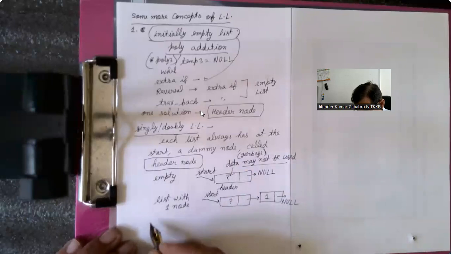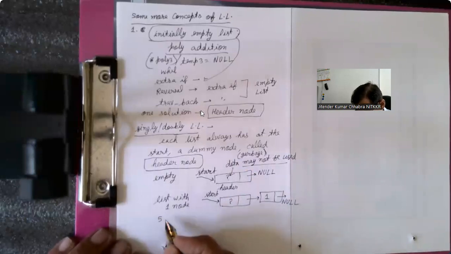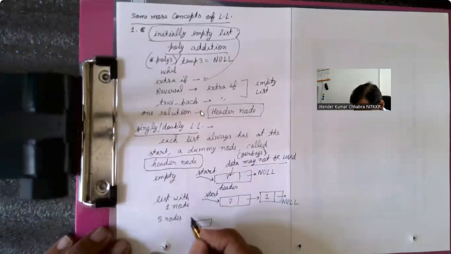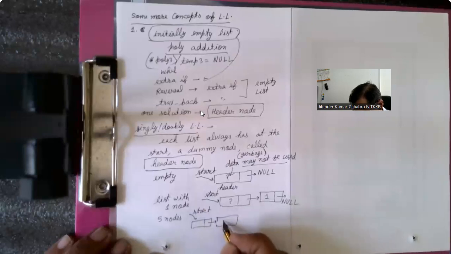So effectively, if the list has, let's say, 5 nodes, 1, 2, 3, 4, 5, then it will mean start is on this node, and from start onwards, the list has all 5 values.